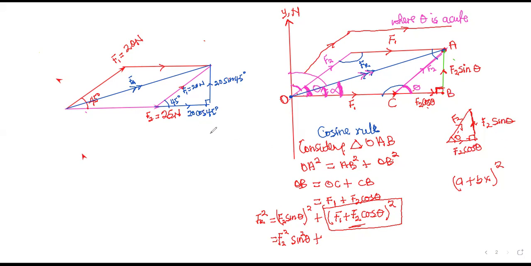So that's what I've done here. What is 20 times sine 45? I think sine 45 is root 2 on 2. So 10 root 2, which is 14.14. 20 cos 45 is the same result, 14.14.